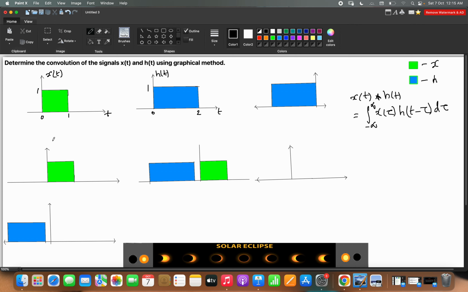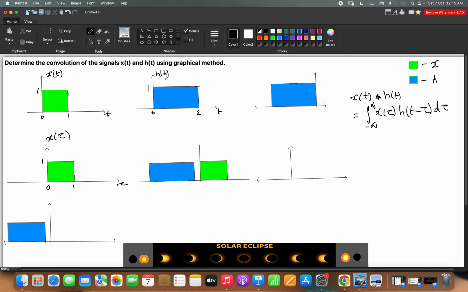X of tau can be obtained by replacing t by tau. So I am just finding x of tau, which is nothing but the x of t with the change in variable. Here I change the variable t to tau. All other things remain same. Here we are having h of t.